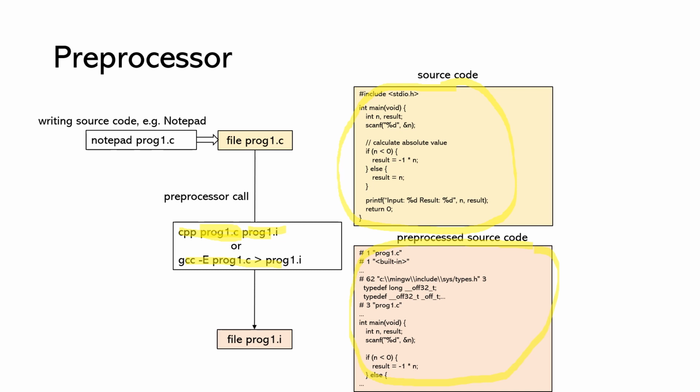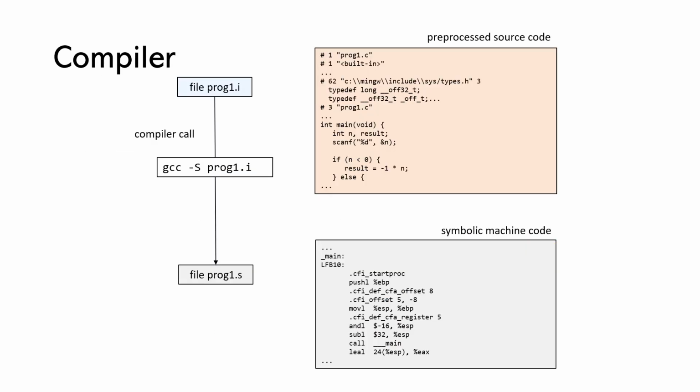Note here that in this command, this is the name of our source file, and this is the output file with the extension .i. The compiler effectively translates preprocessed C code into assembly code, performing various optimizations along the way. Since the compiler generates assembly code specific to a particular architecture, you cannot use the assembly output from one operating system on another.